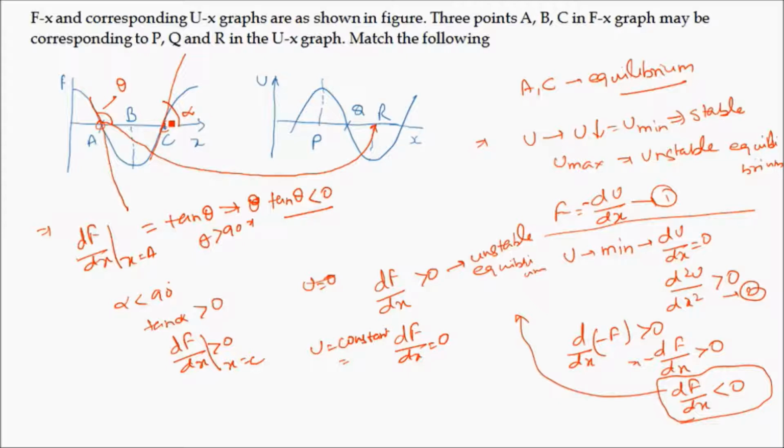At unstable equilibrium we have the maximum potential energy, so it will represent this point P, where the potential energy will be maximum. So A will be the point of stable equilibrium, and C will be the point of unstable equilibrium.